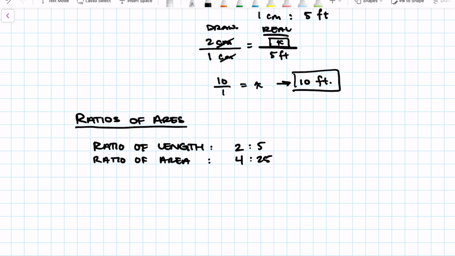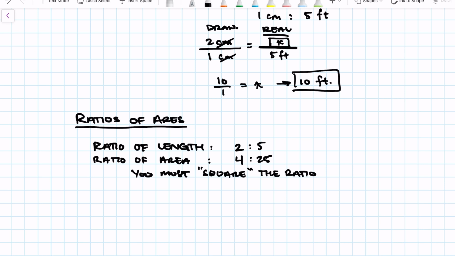Okay? So let's jot down here, you must, and I'll put in parentheses, or in those apostrophes, square the ratio.